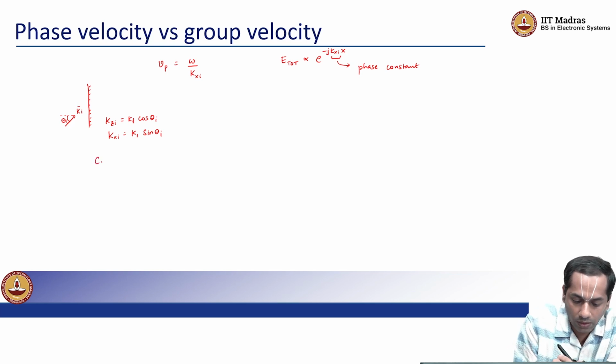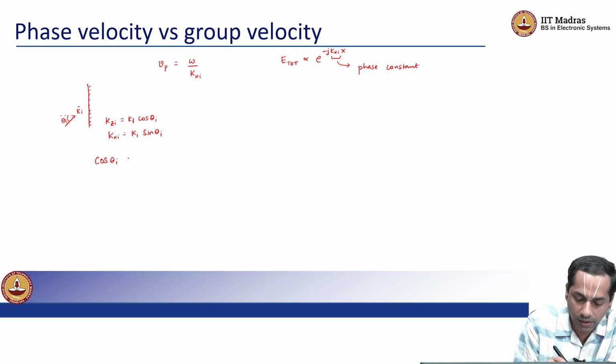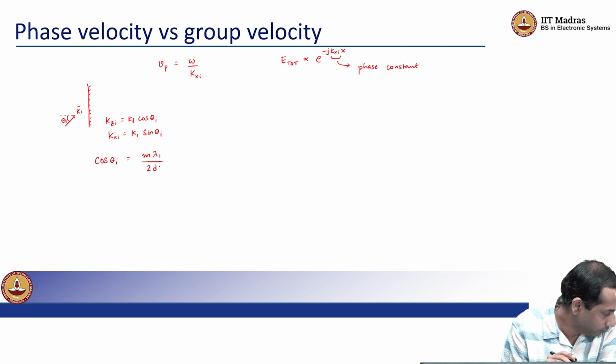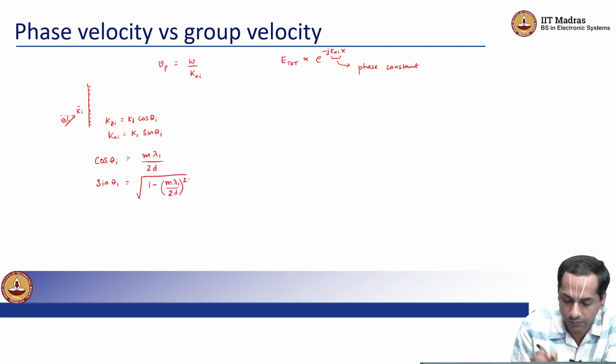So we know for the parallel plate that cos theta I is very specific. So cos theta I is m lambda 1 over 2d, which means that sine theta is the square root of 1 minus m lambda 1 by 2d whole square.